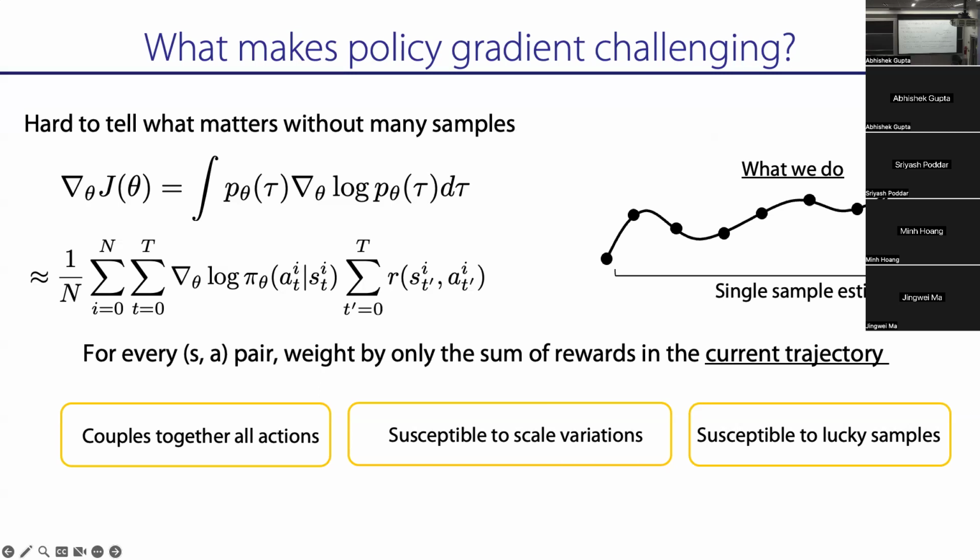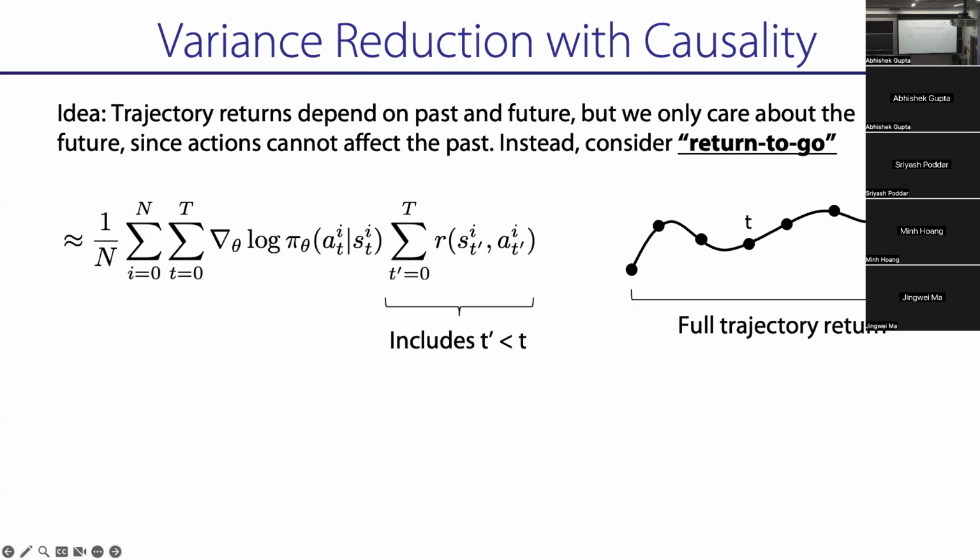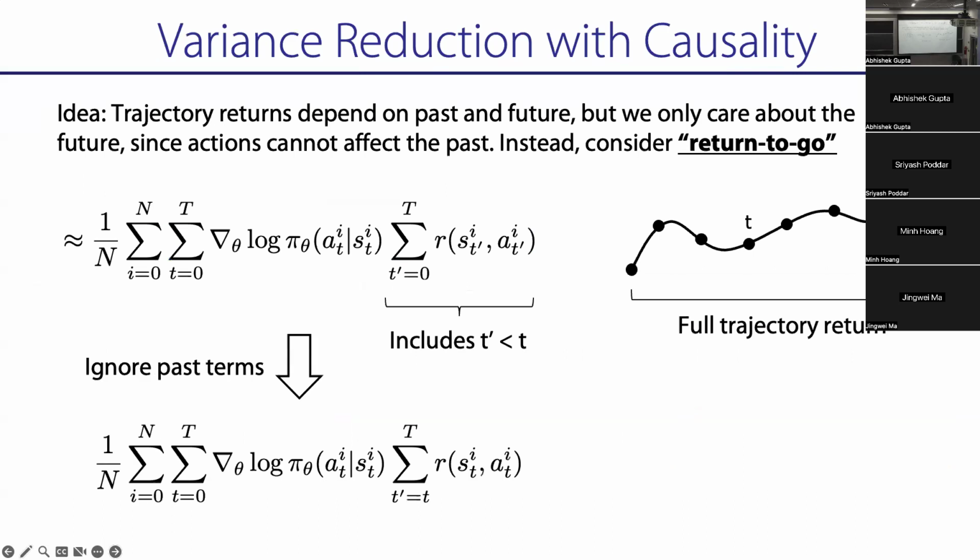So the first thing we did was say that this includes things in the past, so t prime less than t, and that's not going to be affected by your action at time step t. Hence you can cut them out. So your policy gradient's weighted sum of rewards is only going to be computed from your current time step t till the end of the time horizon.